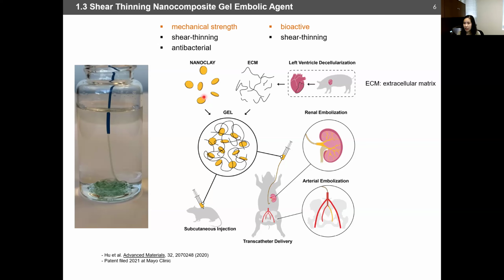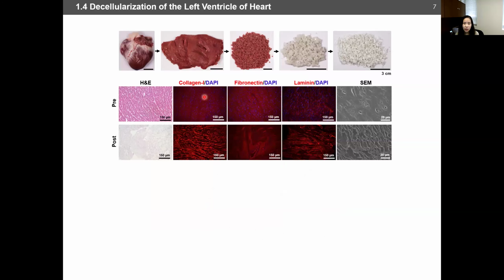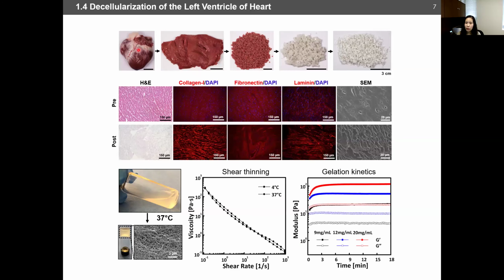And in the end, we tested in the animal models, which I will talk about in a little bit. So just quickly go over this. The decellularization is really trying to remove all these cells to prevent immune responses as we're introducing from one species to another species.